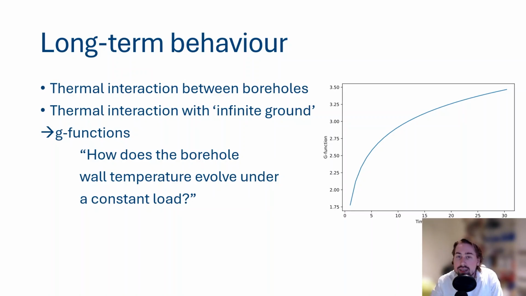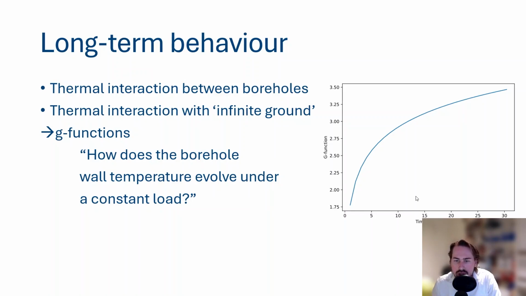And in 1987, a guy named Eskilsson developed in his PhD dissertation the concept of a G function, which is a ground response function. It's actually dimensionless, and it answers the question how the borehole wall temperature evolves over time under a constant load.